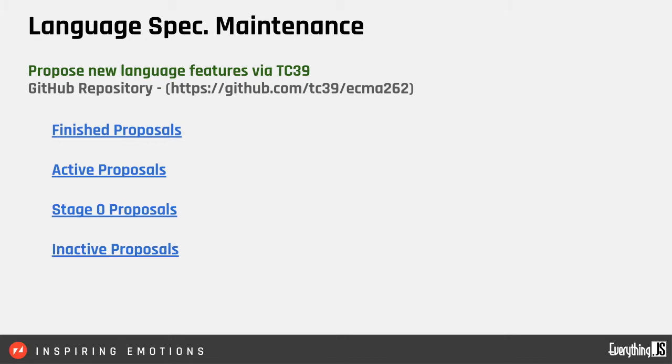Within that, it has all the proposed features, the finished features, inactive proposals and so on. If you visit this site, it has a set of MDs which explain the language, what features are available, and what is proposed. And you can go on and submit your own proposal, and people over there will review it.